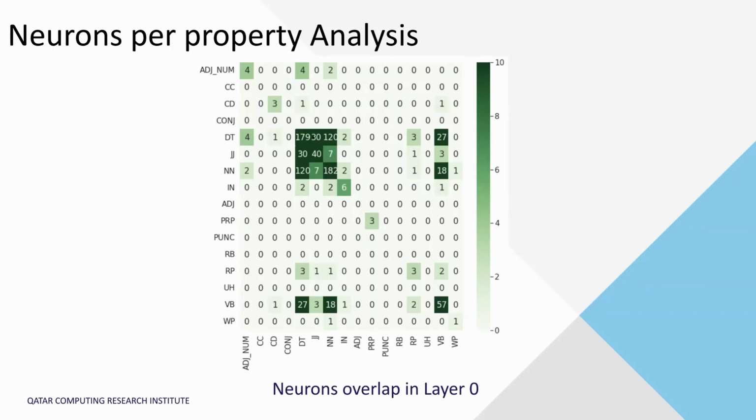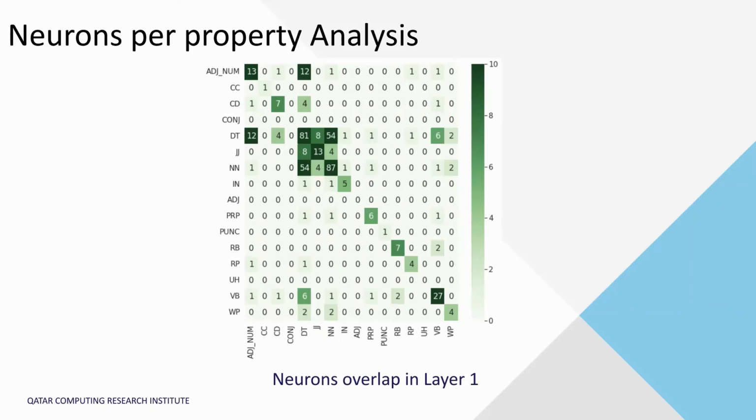There is still the same cluster of the noun, determiner and adjective, because nouns and adjectives are most of the time together, and they also collocate with the determiner. Same thing for the verb. It seems there is a relation between verb and noun, for example verb and subject, or verb, subject and some adjective, and so forth. So this is for layer 0.